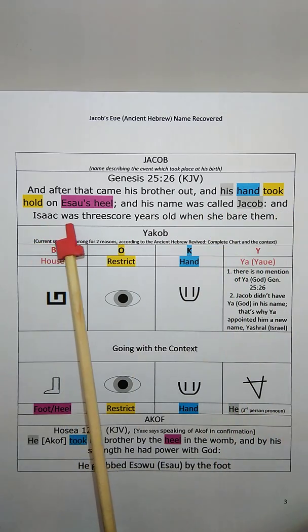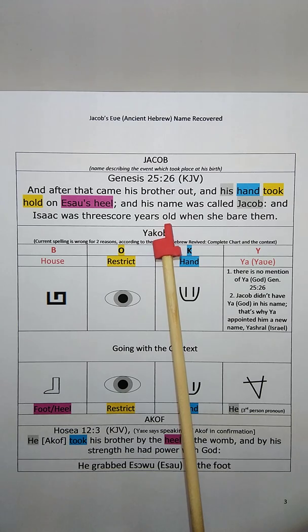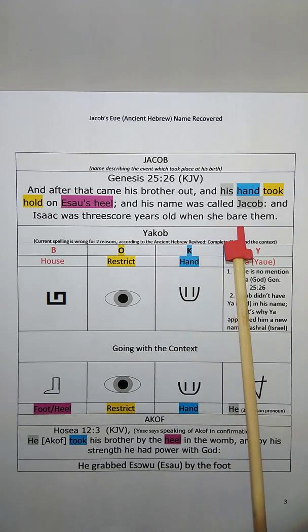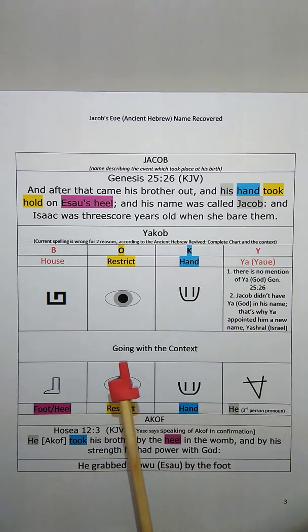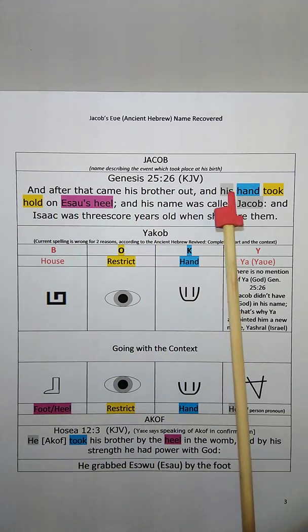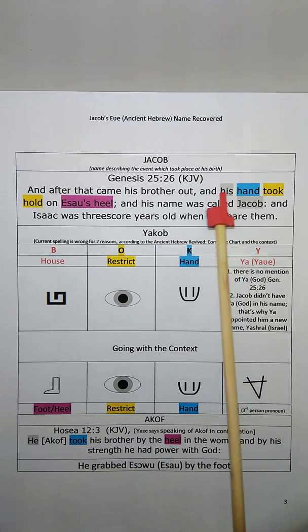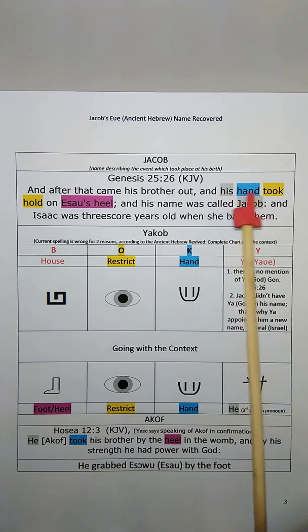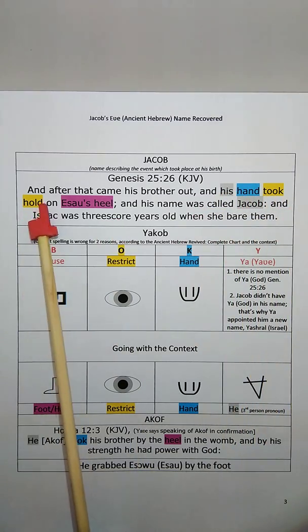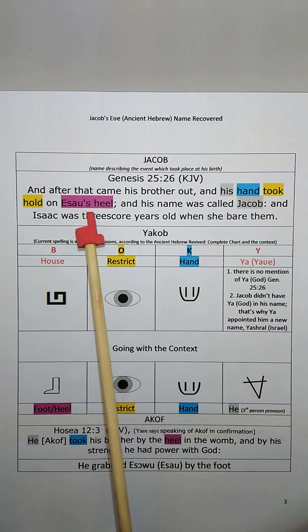And Isaac was threescore years old when she bare them." Okay, so please notice four elements in the context. The first one being his, the second being hand, the third being took hold on, and the fourth being Esau's heel.